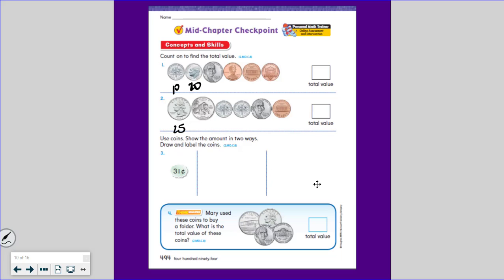So show me 31 cents in 2 ways, and it can't be all pennies. And then the last one, the Think Smarter. Mary used these coins to buy a folder. What is the total value of these coins? So write the total value of these coins right in the box. So pause your video and do the entire page, page 494.